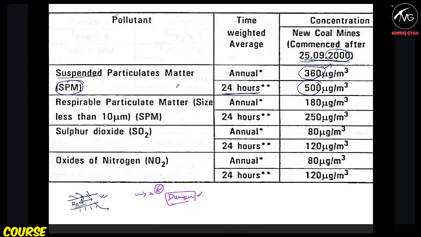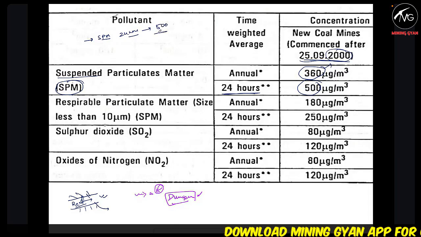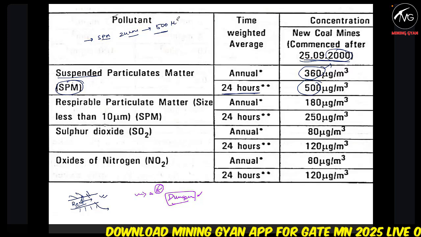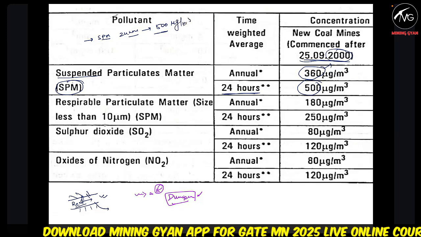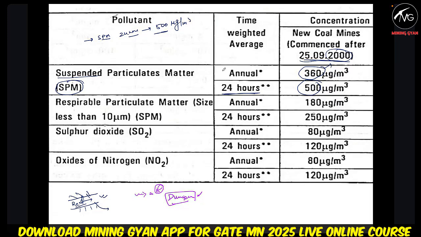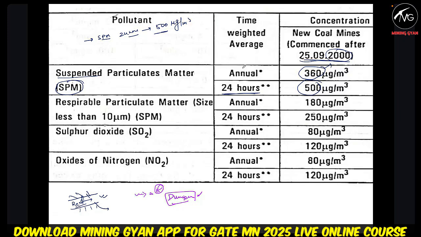So he can ask a question: SPM limit for 24 hours according to the new coal mines regulation, then you choose the option 500 microgram per meter cube. Suspended particulate matter annually is 360, 24 hours is 500.